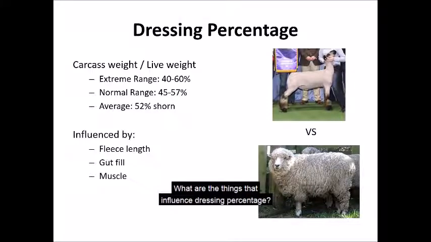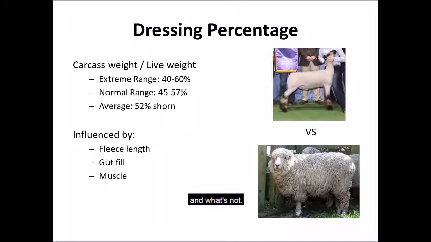What are the things that influence dressing percentage? Well, the way to think about that is what's on a carcass and what's not. The fleece of a sheep has a weight, but that doesn't end up on the carcass. Okay, the gut fill, and particularly a ruminant that has a lot of capacity to consume a lot of forage, has weight that doesn't get represented in the numerator of that equation.